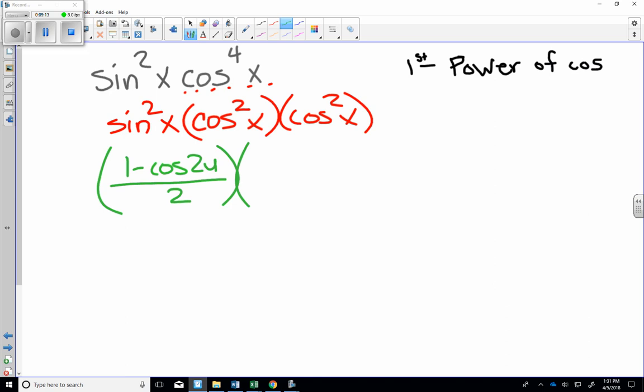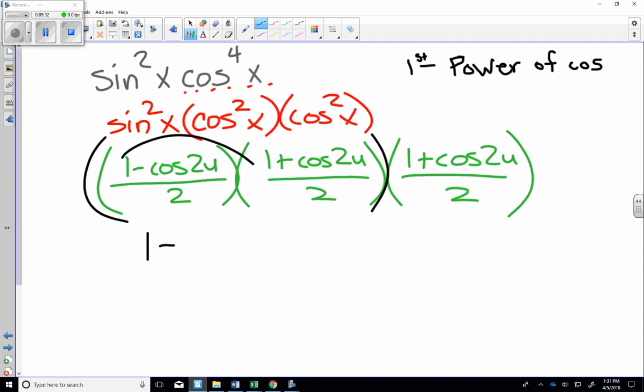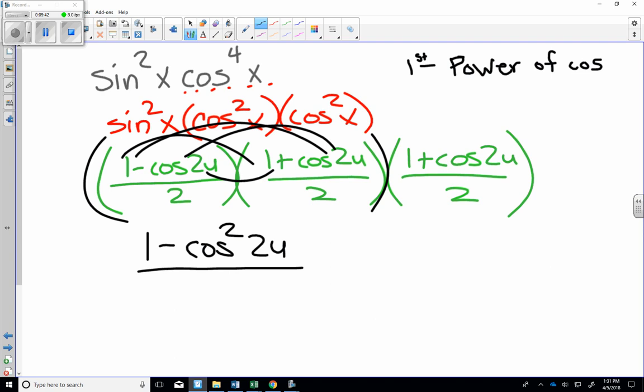Cosine squared is 1 plus cosine 2u over 2. Now we have to multiply this stuff. I'm going to multiply these two together first. So that's 1 plus cosine minus cosine makes nothing, and then that is minus cosine squared of 2u over 4.